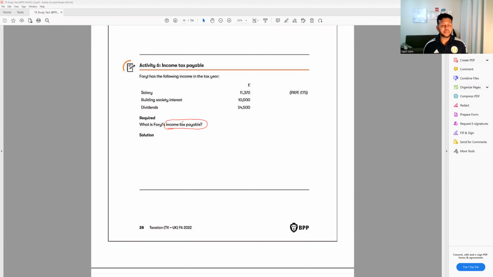F has the following income in the tax year. We have a salary, this is non-savings, PAYE, that is the tax deducted at source. That means this tax is already paid. Building society interest, so this is my savings income. And that's the dividend.